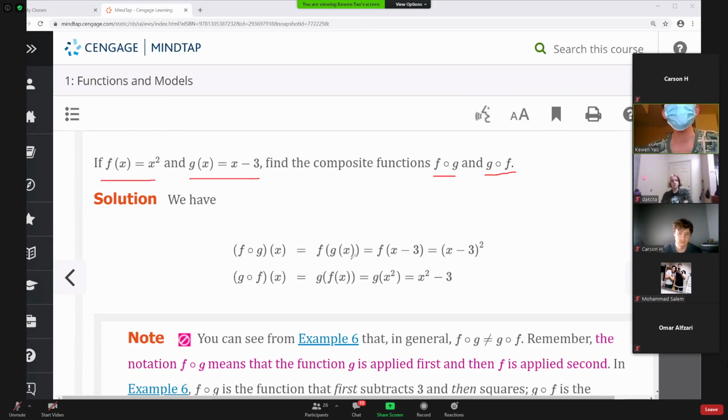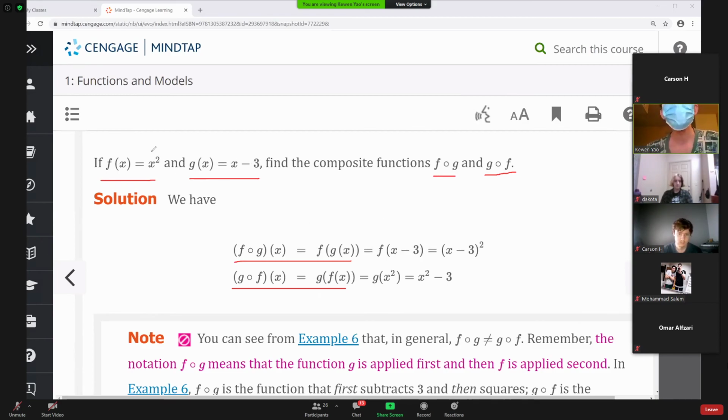F of G of X is F of what? G of X. And G of F of X is G of F of X. That's different. This is the definition. Now, what's G of X? G of X is X minus 3, so F of X minus 3.